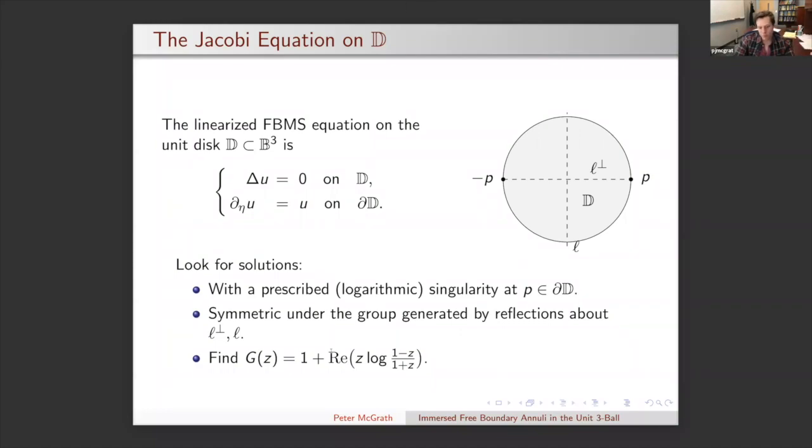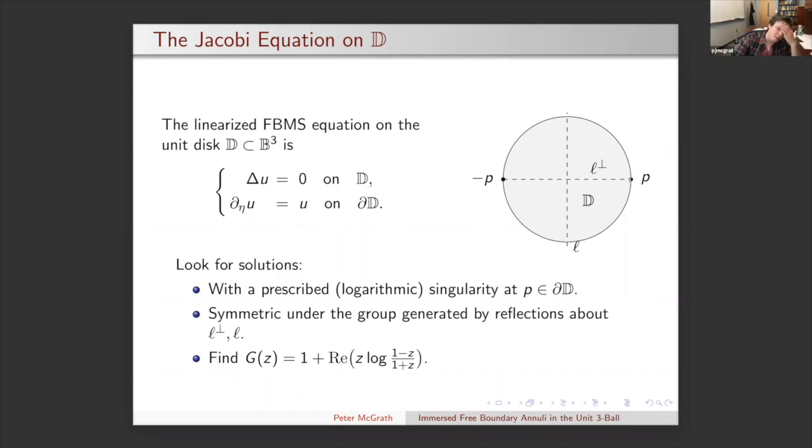If you check, this does satisfy this boundary value problem. It has reflection symmetries through here and here, and it has logarithmic singularities at these 2 points. I identify this unit disk with the unit disk in the complex plane with a standard complex coordinate z, and this point P I think of as the real number 1, or (1, 0) in Cartesian coordinates. So that's a place to start.